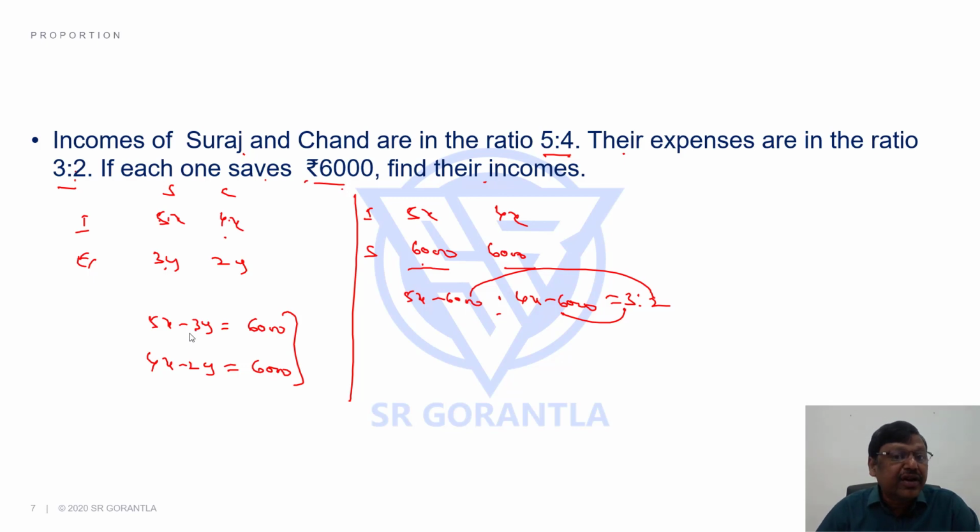Here we were getting two variables and two equations; we are trying to get only one variable and one equation. If you multiply this with 2 into 5x, 10x minus 12,000 equals 3 into 4x, 12x minus 18,000. 10x comes this side, 2x equals 18,000 minus 12,000, that is 6,000, or x equals 3,000.